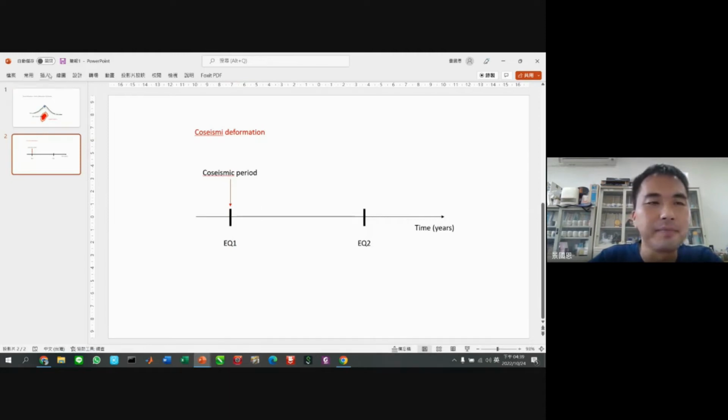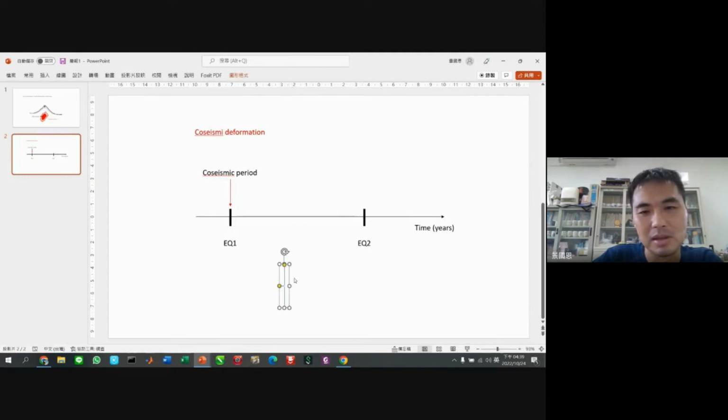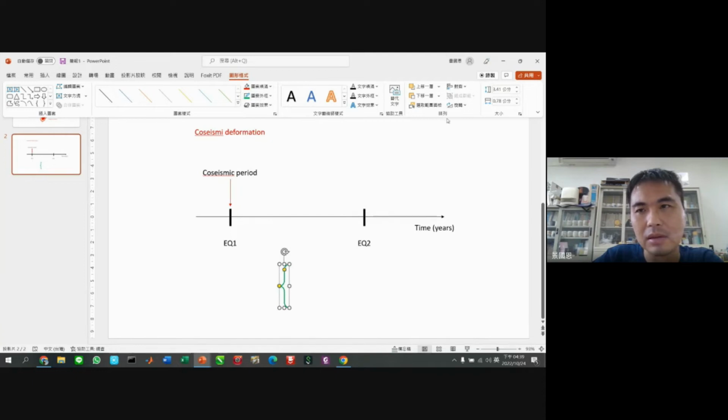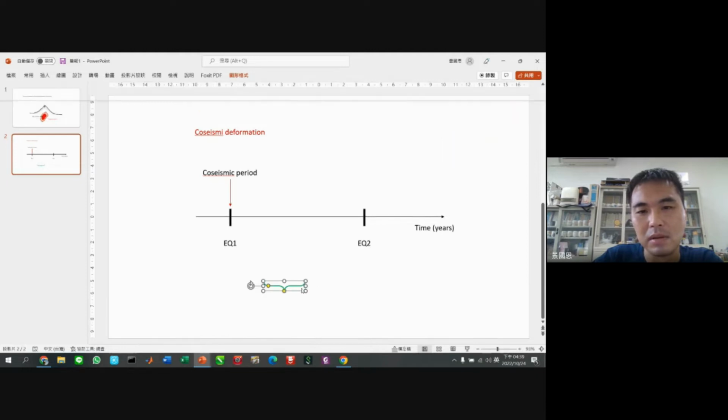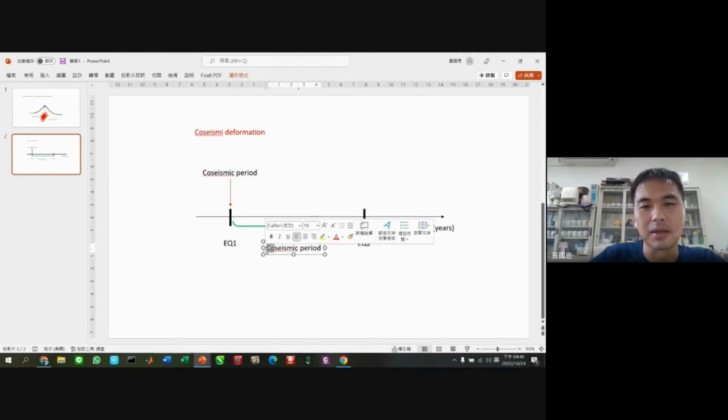Okay, and here I just give you a very, very simple concept. If we notice that between earthquakes, there is a very long time, we call it the interseismic period.